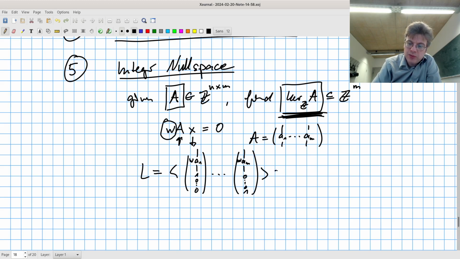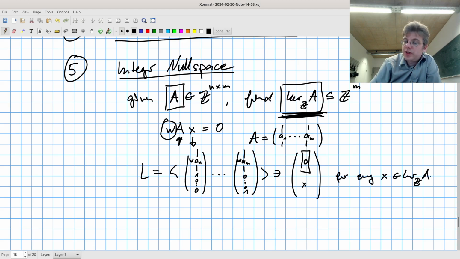It's always the same game. And then this will contain (0, x) for every x in the kernel, in the integer kernel of A.